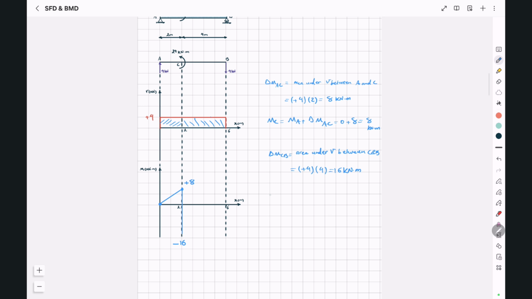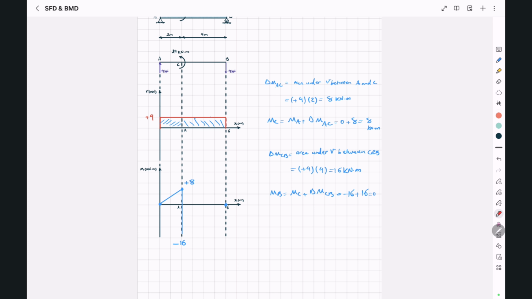So MB is equal to MC plus delta MCB, or negative 16 plus 16, or 0. So this will be our MB.